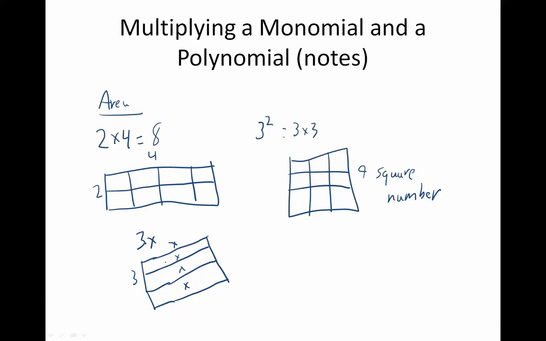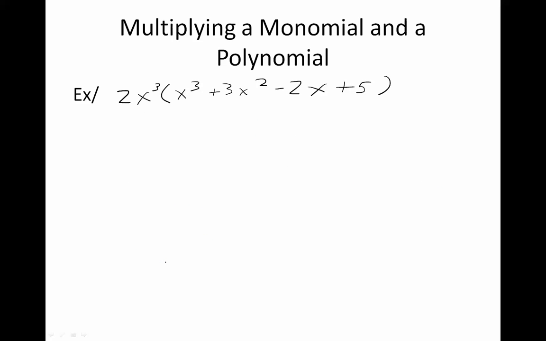So let's look at our first example here. This is a monomial times a polynomial, right? Notice that there are 1, 2, 3, 4 terms here, and we don't have a name necessarily for a 4-termed polynomial, so we just call it polynomial. I'm going to multiply these two things together.